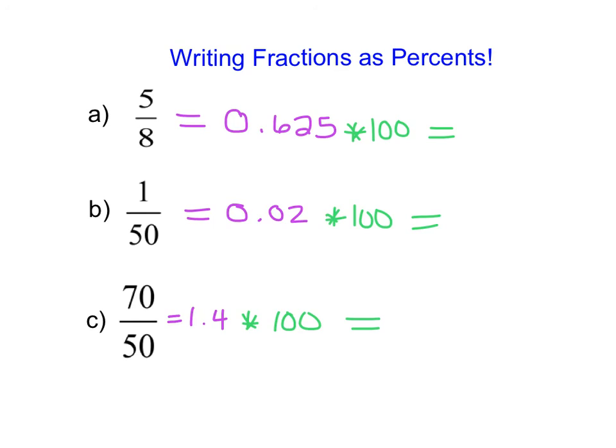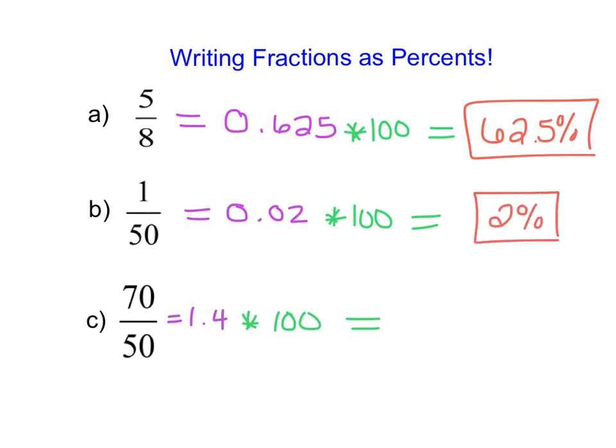So if we multiply 0.625 by 100, we end up with 62.5%. If we take 0.02 and multiply it by 100, we end up with 2%. And if we take 1.4 and multiply it by 100, we end up with 140%. So now you should be able to convert between fractions, percents, and decimals pretty seamlessly.